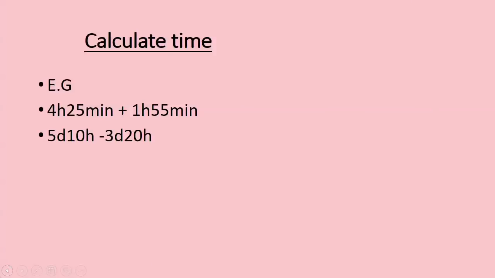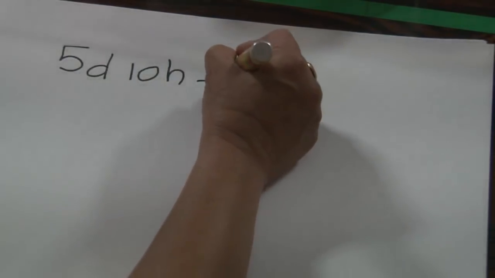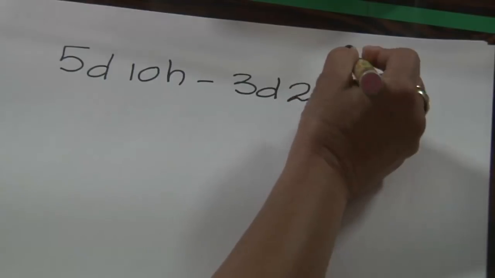My other example is 5 days 10 hours minus 3 days 20 hours. What do I do?